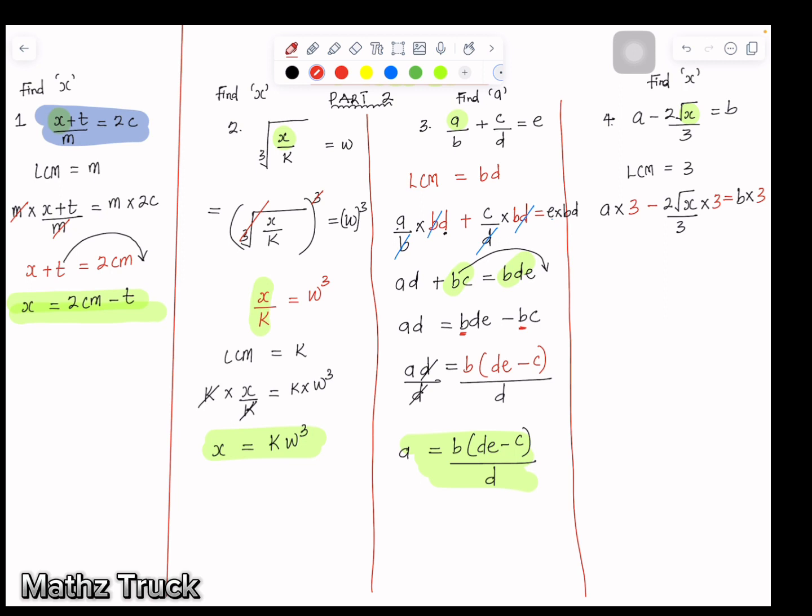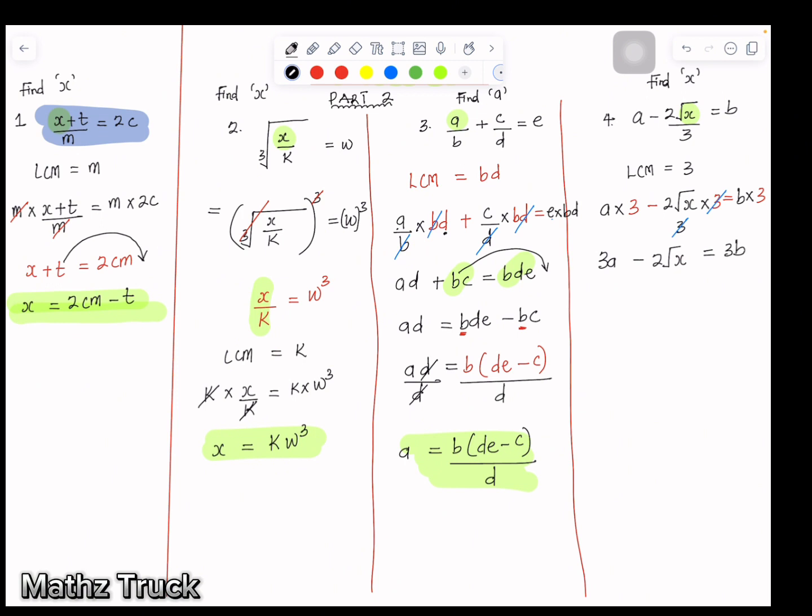Now, having this expression, we will always simplify it. Now you have A times 3 will give you 3A minus, remember, this 3 will take this LCM off. Now we have only 2 square root x equals 3B.